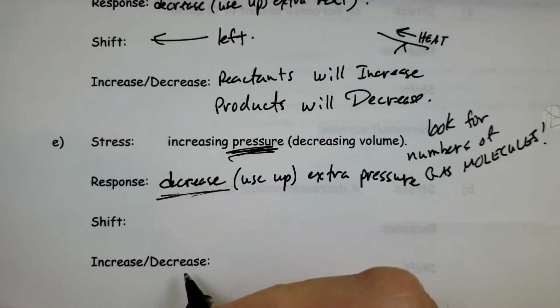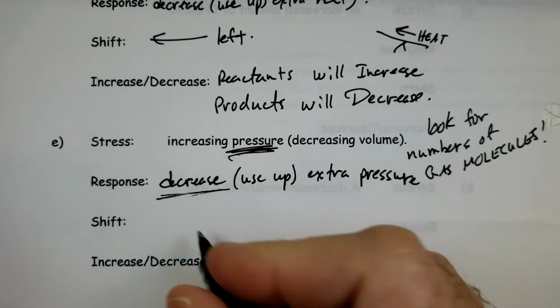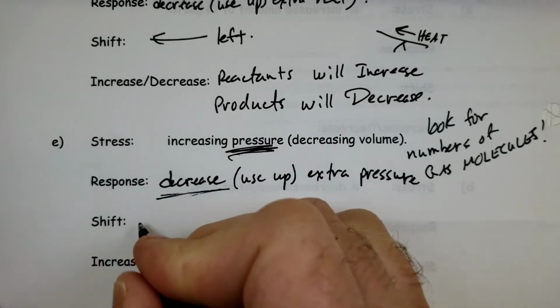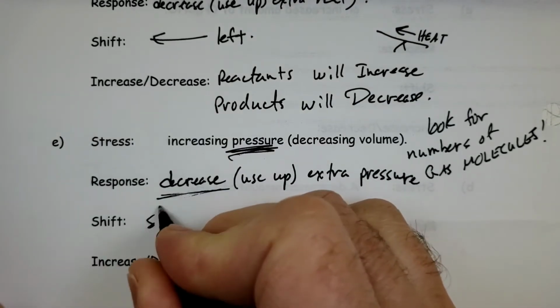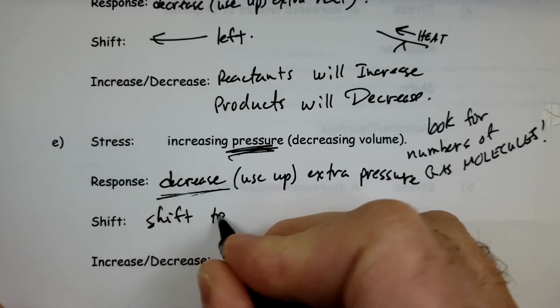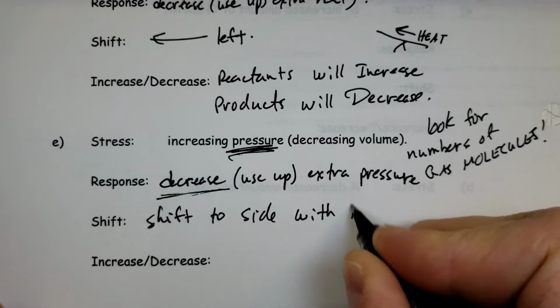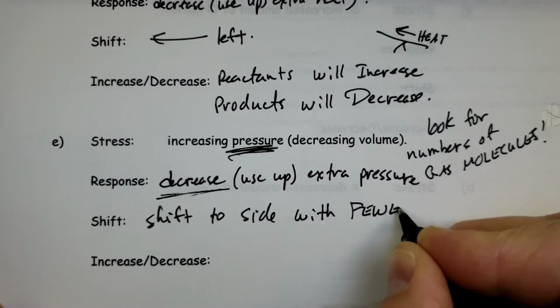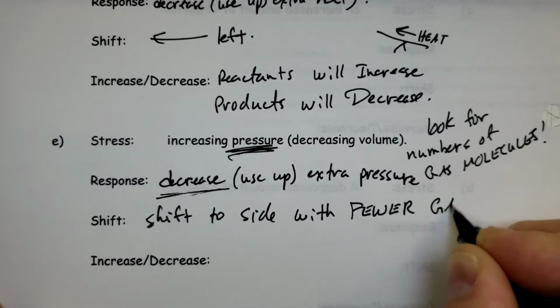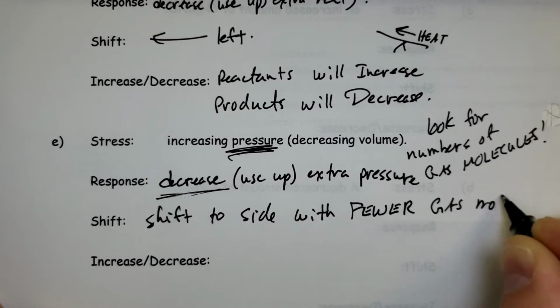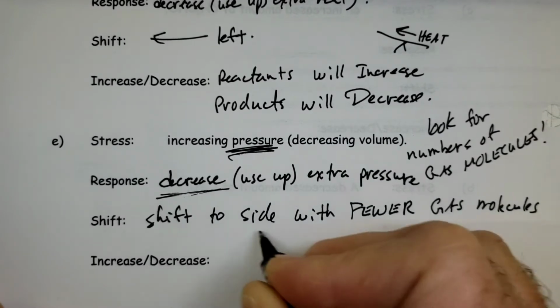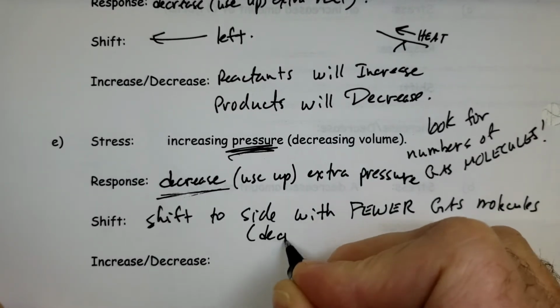So the side that has a decreased amount of molecules, the decreased amount of pressure, is shift to the side with fewer gas molecules.